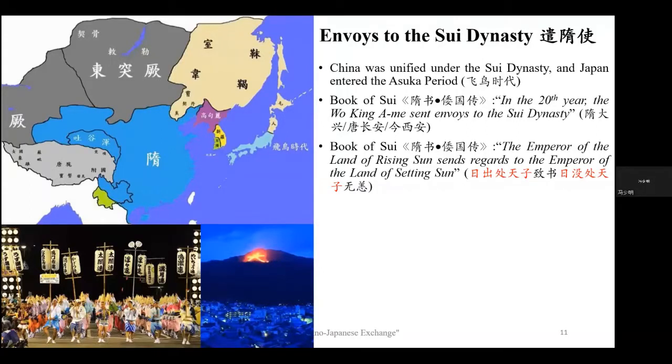And in the Book of Sui, it is written, the emperor of the land of the rising sun sends regards to the emperor of the land of the setting sun. Now, this is a rather unique statement because the land of the rising sun refers to Japan, and the land of the setting sun refers to the emperor of the Sui dynasty.